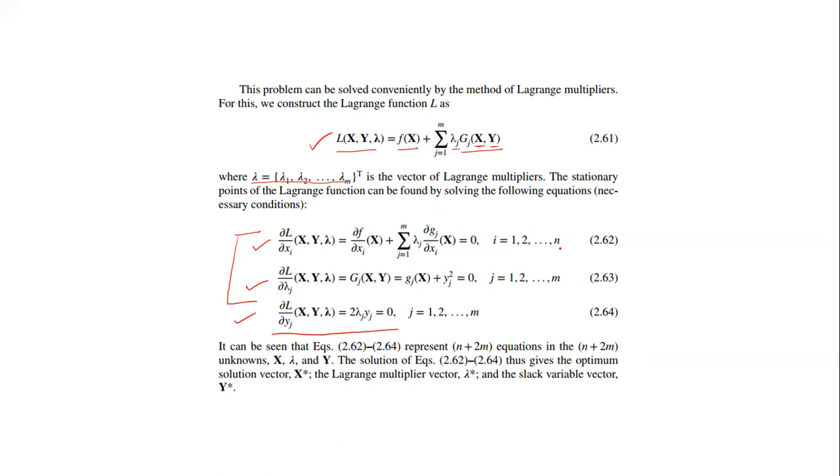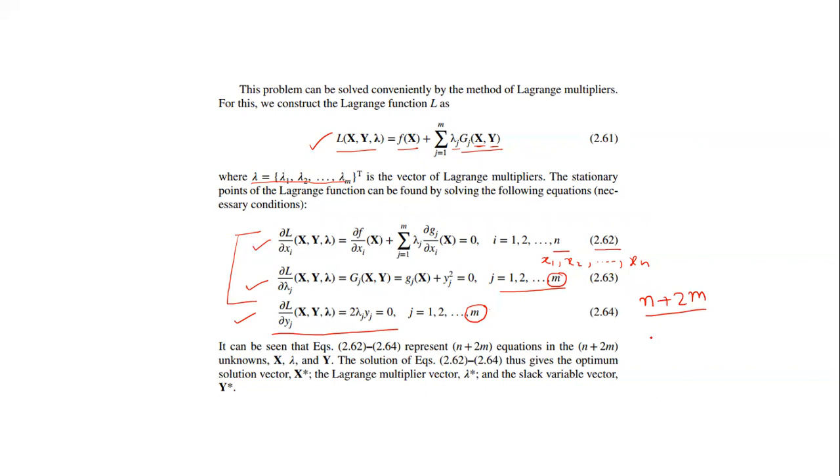As you can see, in the first equation, equation 2.62, we have n equations and n unknowns, x1, x2 up to xn. In the second equation we have m equations, and in the third equation we also have m equations. So the total number of equations is n plus twice m.